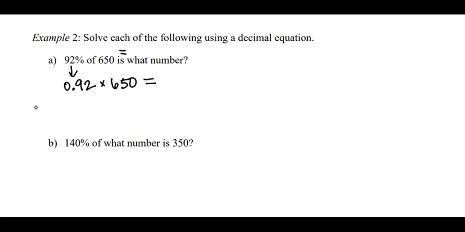So is equals. We're just translating this into the equation. And then what number? Here, all we need to do is just multiply, because this is not solving an equation. We are just looking for that number. So we're doing 0.92 times 650, and we have 598.